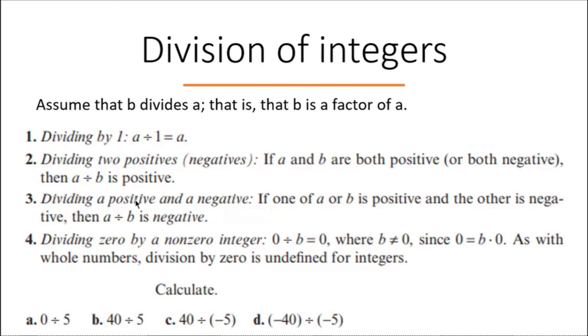Number 3, dividing a positive and a negative. If one of A or B is positive and the other is negative, then the quotient of A divided by B is negative.